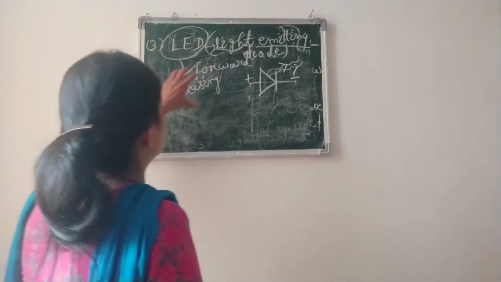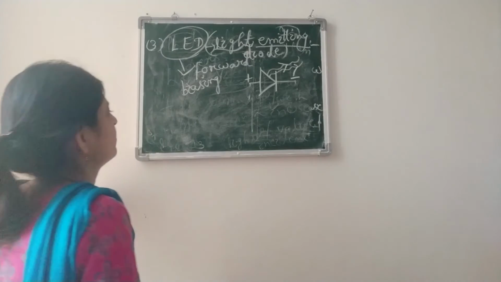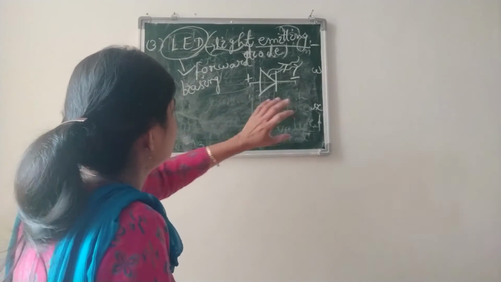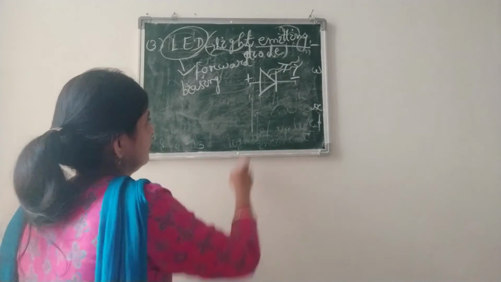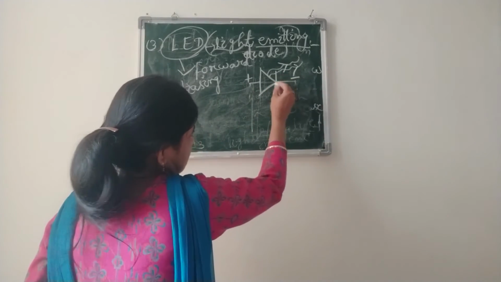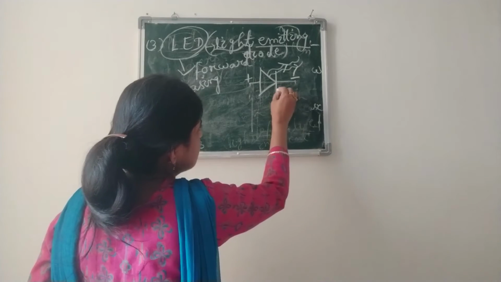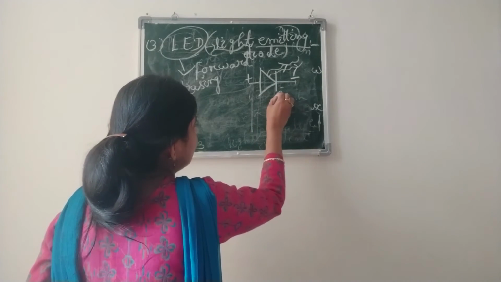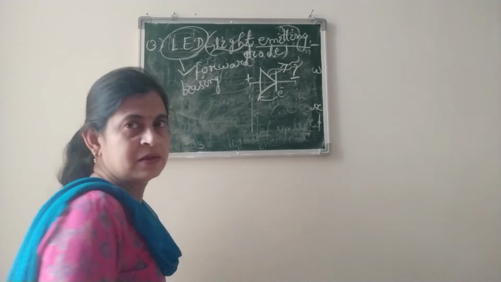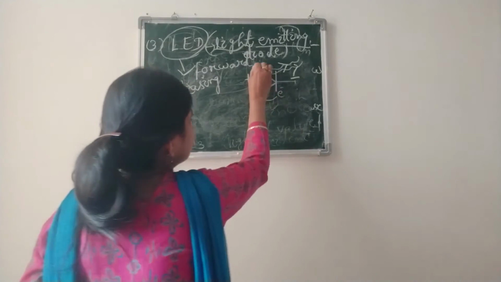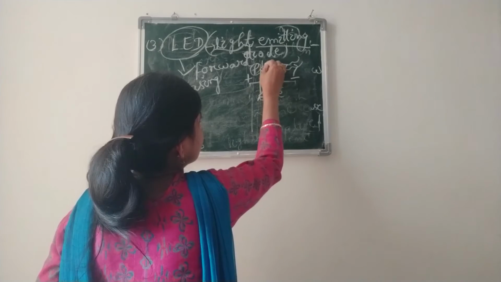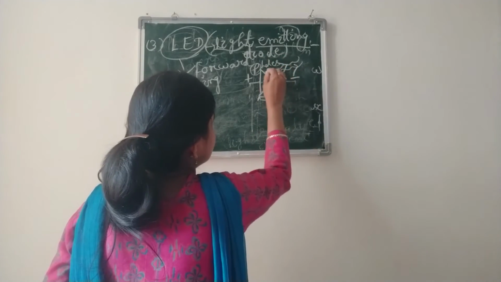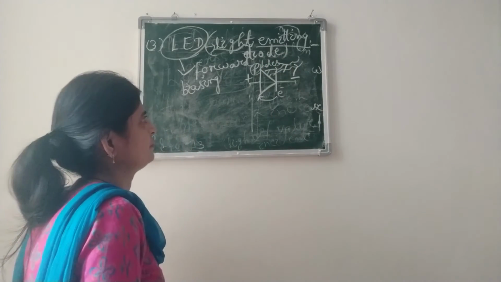Now, what is the working of the LED? Already we know, during forward biasing, the majority charge carriers from the N side, meaning electrons, will drift to the P side, and the majority charge carriers on the P side, which are holes, drift to the N side.